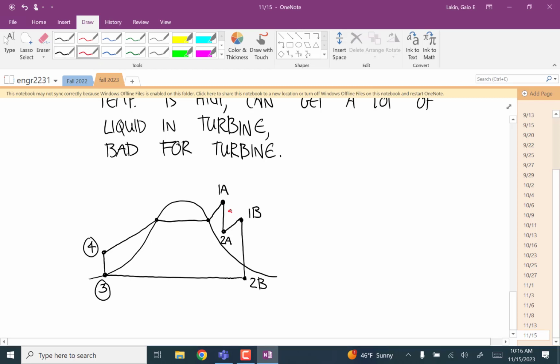Okay, so from 1A to 2A, that's an isentropic turbine, T1.